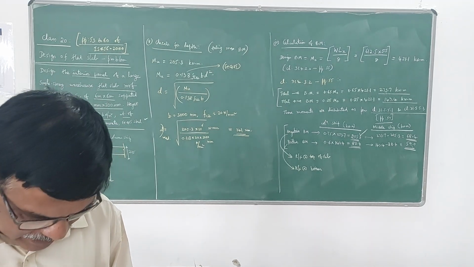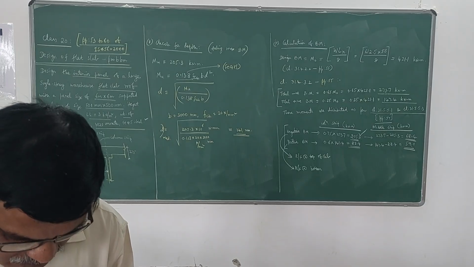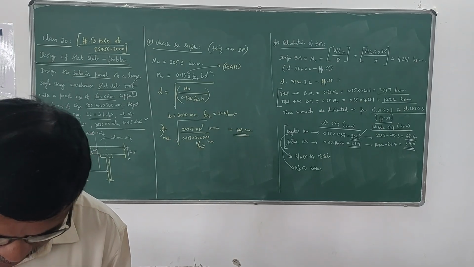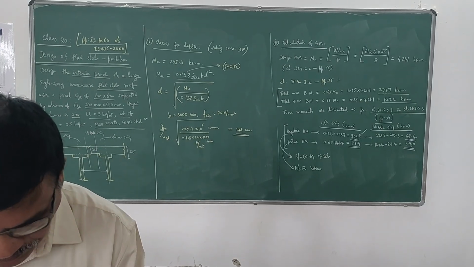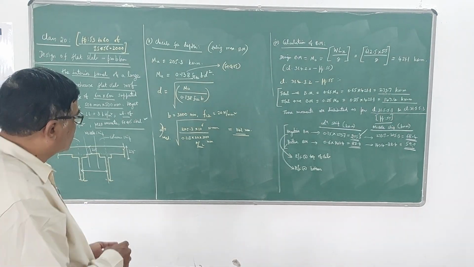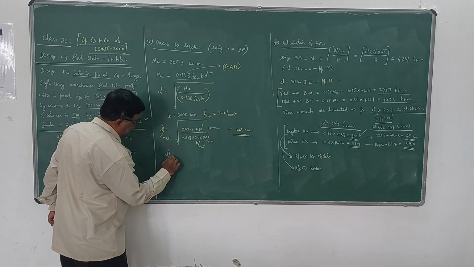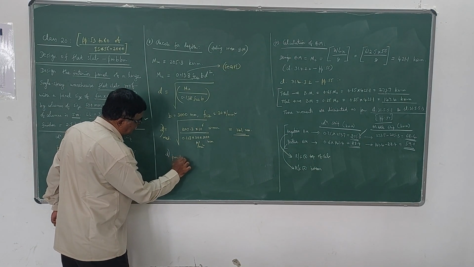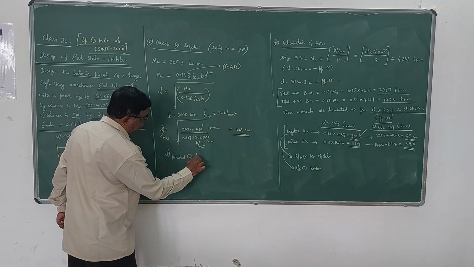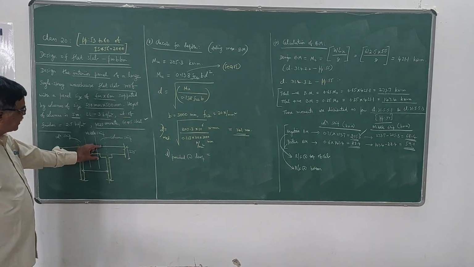The total depth provided is 275 mm, at the drop, since we have taken the column strip.